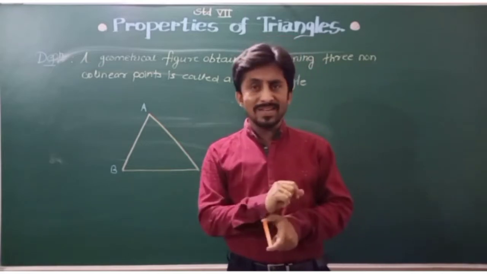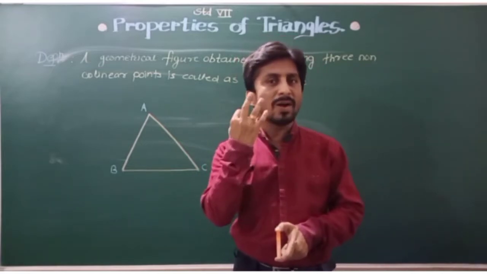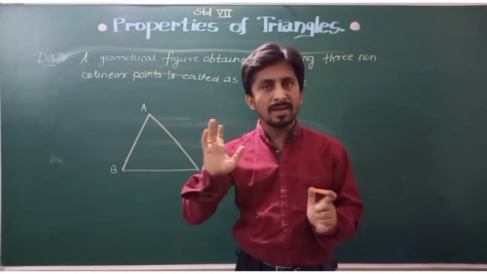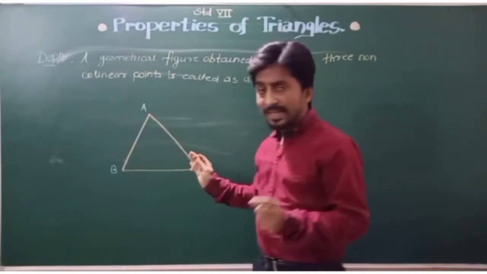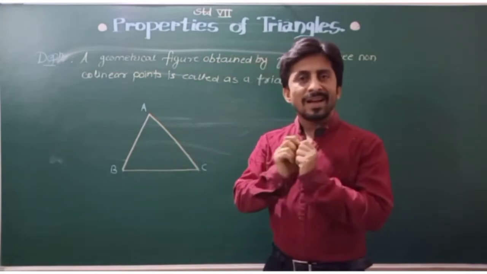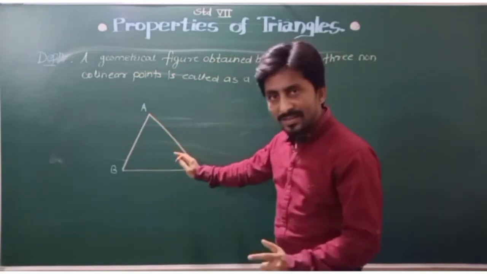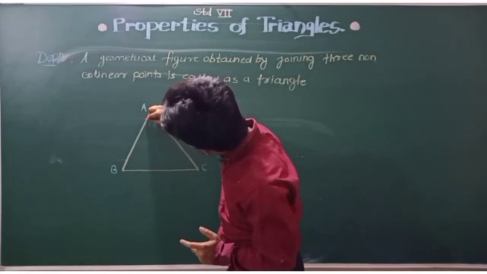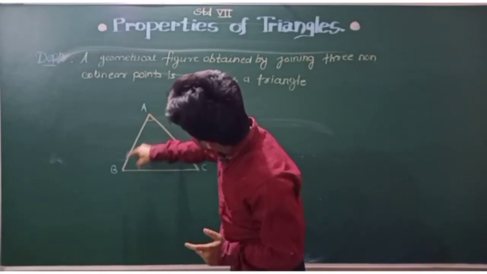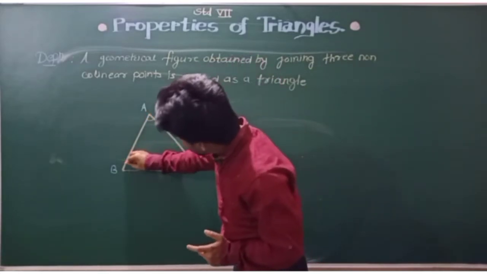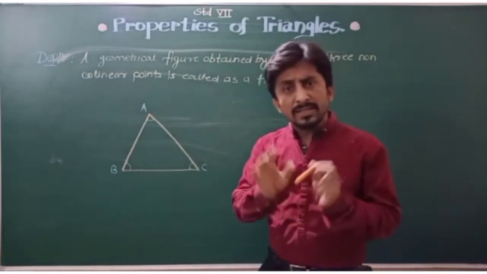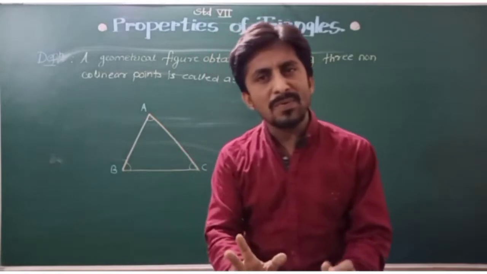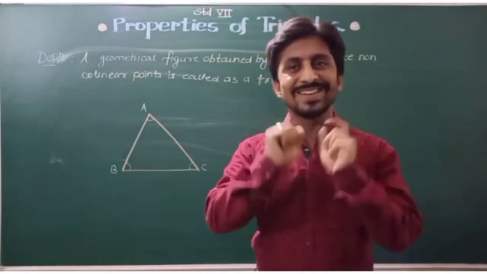Now see the meaning, very interesting, na? Tri means what? 3. Angle, na? Triangle. So because of joining these 3 points, I got a figure triangle, and here between these 2 segments AB and AC I get an angle, here I get an angle, and here I get an angle, 3 angles. So therefore this figure is called a triangle.